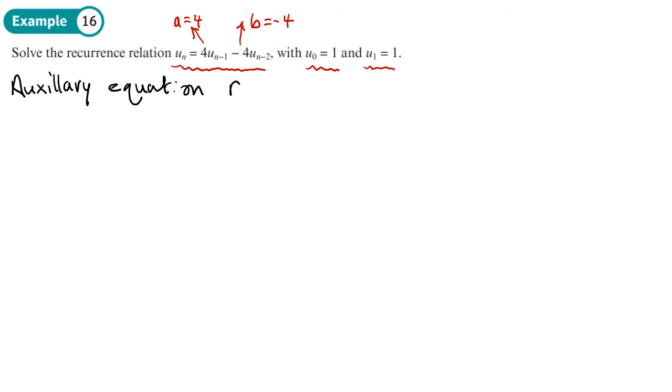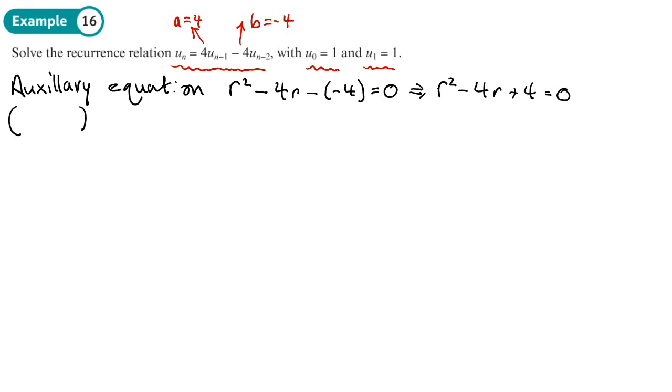So that will be r squared minus 4r minus -4. So be careful with that. b is -4, you still subtract it. So that gives us r squared minus 4r plus 4 equals 0.